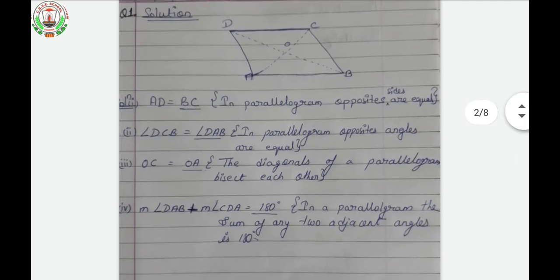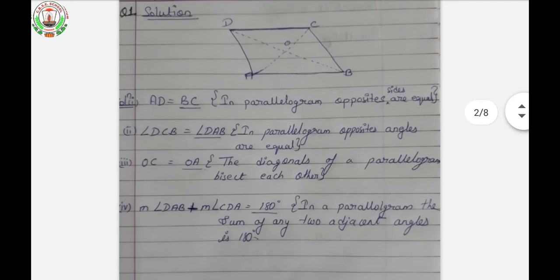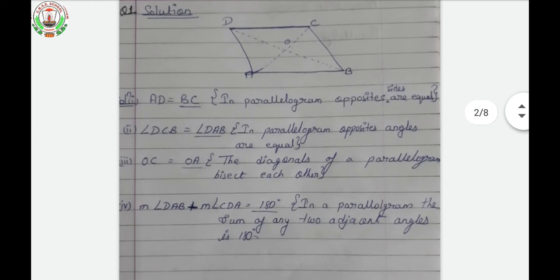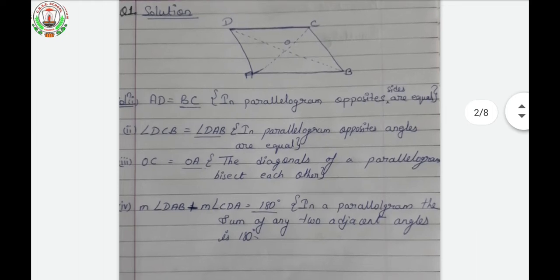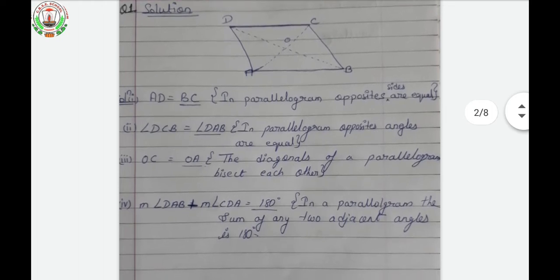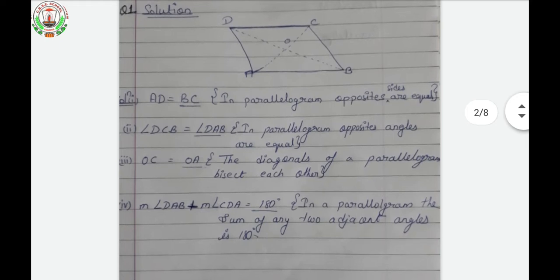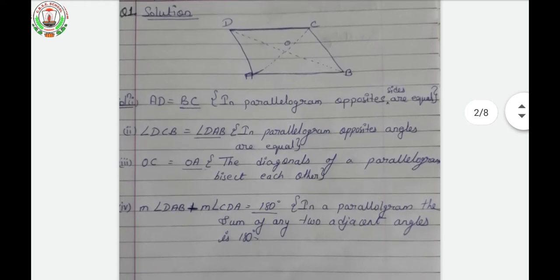The complete name is measure of angle DAB plus measure of angle CDA equals 180 degrees. M is read as measure of angle. Clear? So have you understood question number 1, everyone? Okay.